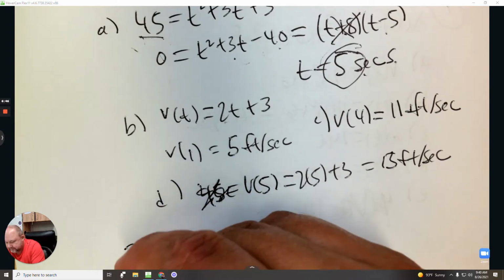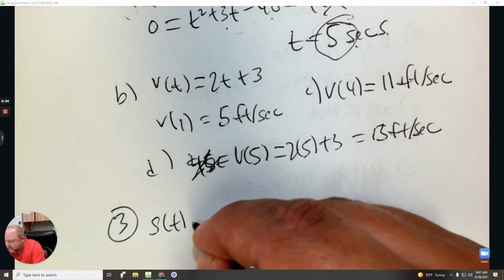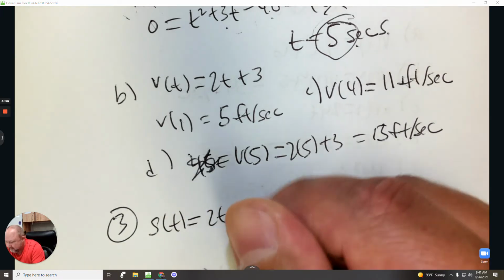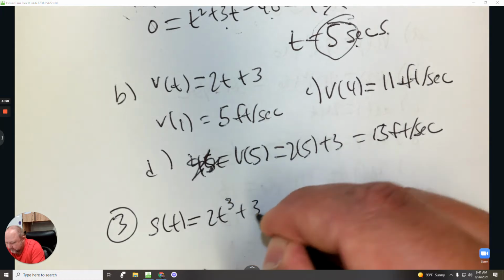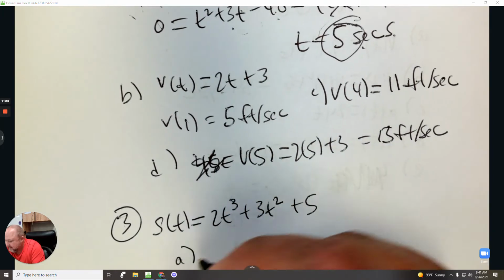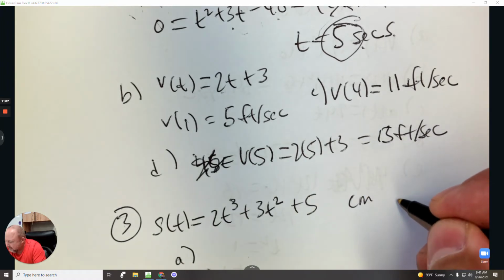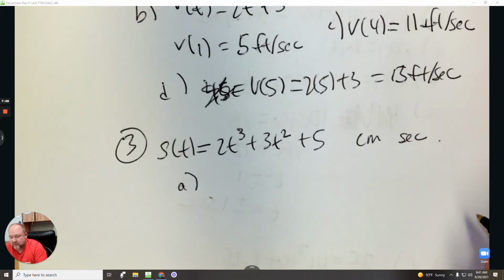But here's part 1. A ball rolls on an inclined plane with position. So here's the position of it as it's rolling on like a ramp. So I'm writing that down. And then it's in centimeters and seconds, just to know the units.